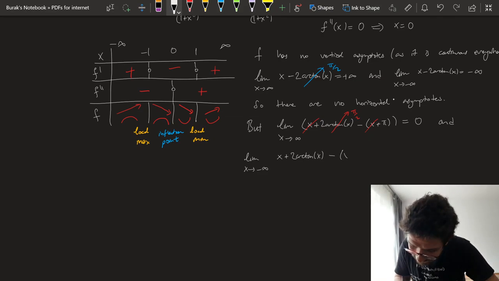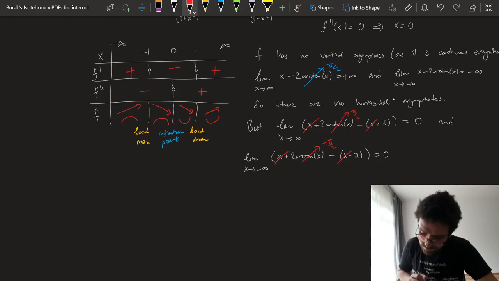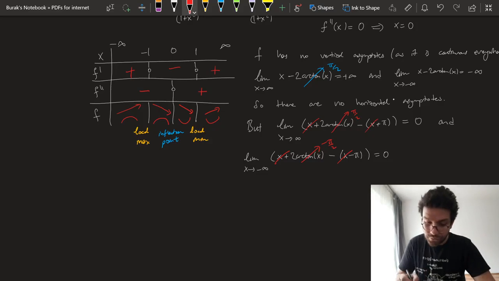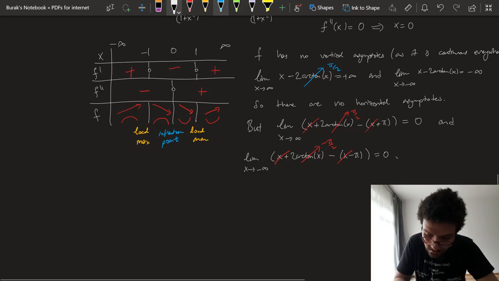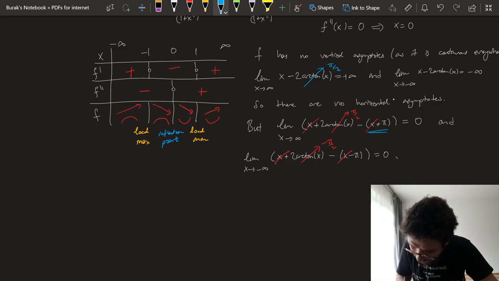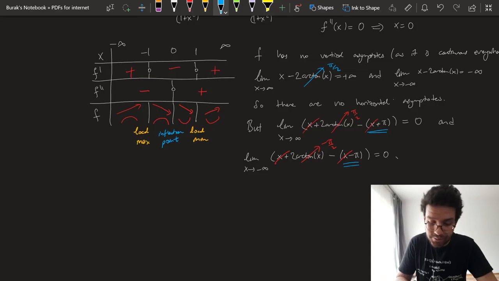So I'm guessing that this limit will be 0, and it is the case because these x's cancel, and this goes to minus pi over 2. Okay. So we have two oblique asymptotes, which are y equals x plus pi and y equals x minus pi.